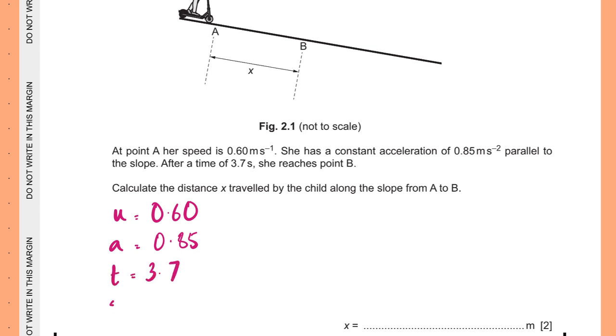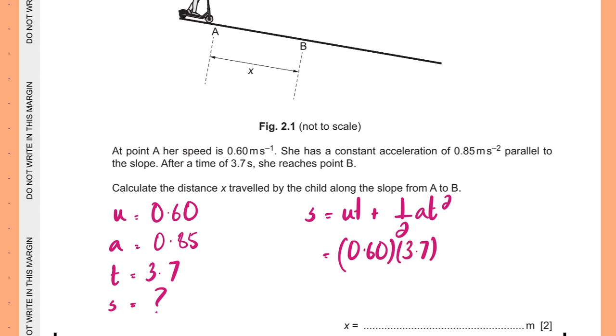I need to find the distance, which is s. So it's obvious again that the equation you have to use is ut plus half at squared. u is 0.6 times t, which is 3.7, plus half into 0.85 into 3.7 squared, and then you find this out. So this turns out to be 8 meters.